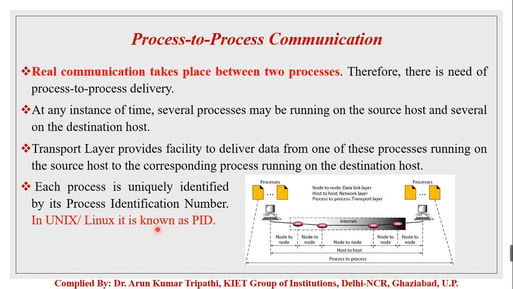In Unix or Linux, it is known as the PID. In short, the transport layer is responsible for process-to-process delivery of the data packet, while the network layer is responsible for host-to-host delivery of the data packet, and the data link layer is responsible for delivery of node-to-node frames.